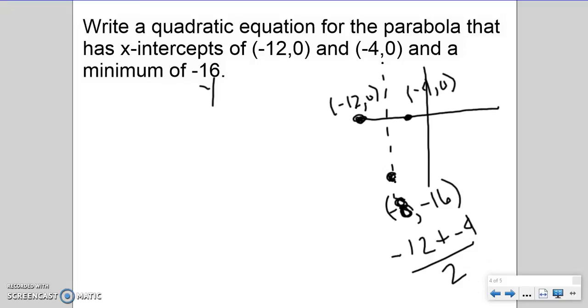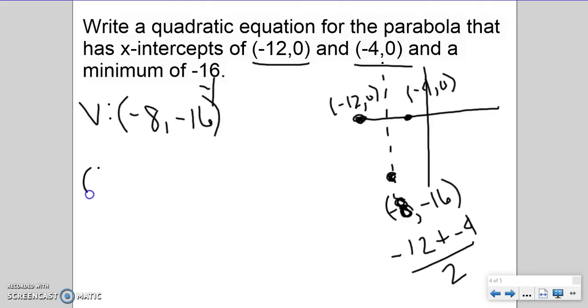Now from here, I'm doing the exact same thing that I did on the last problem. I have a vertex of negative 8, negative 16, and I've got two coordinate points that I can choose from now, my x-intercepts. It does not matter which x-intercept you choose to write the equation with. So let's use negative 4, 0.